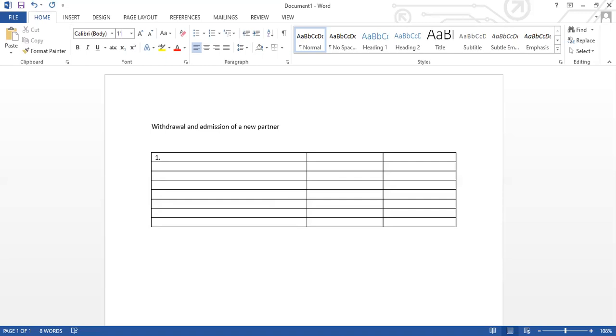Retained earnings is an example of general reserves, especially when you deal with companies. However, in the partnership, I would say that partnership general reserves is the same as retained earnings, only in the partnership. But when you go to companies, you'll see that general reserves has a lot of different accounts that fall under it. And retained earnings is one of them.